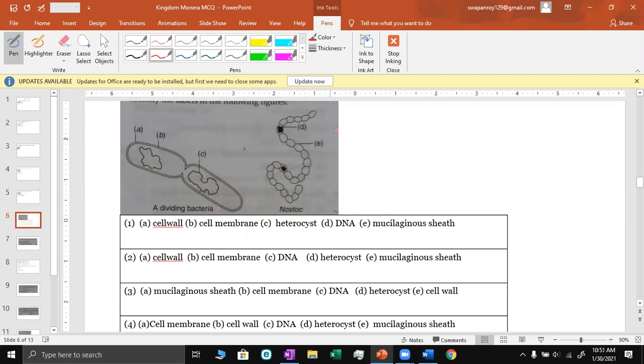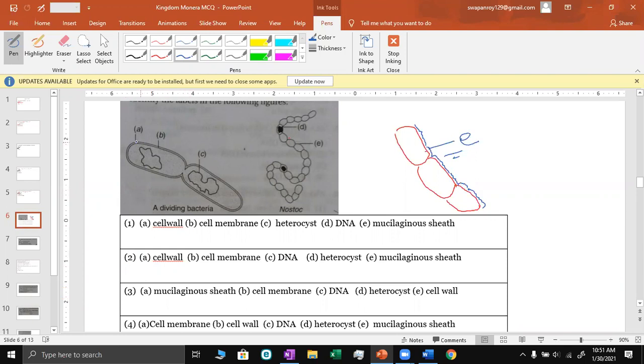But E is actually not very clear. It should be like this: a cell, filaments, and on these there is a coating. This coating layer is E. So which one will be the answer? Option 2.